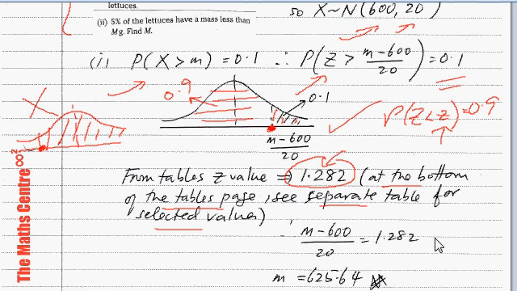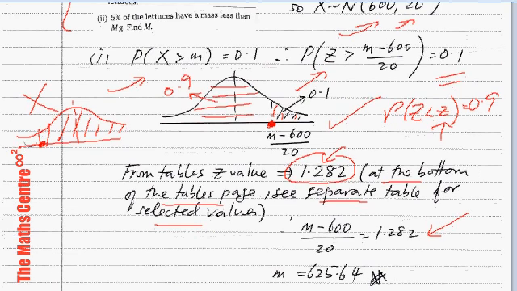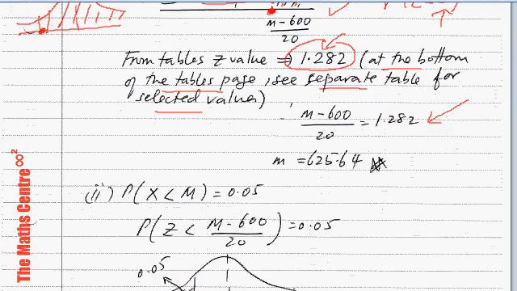Once you've got that, write (m minus 600) over 20 equals 1.282. Use a calculator and you will get your answer as m equals 625.64. From here to here is easy, and we are done.